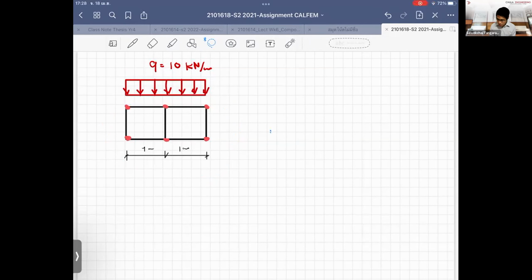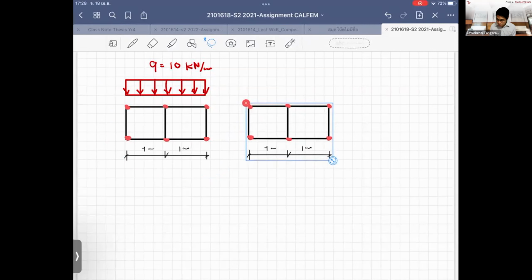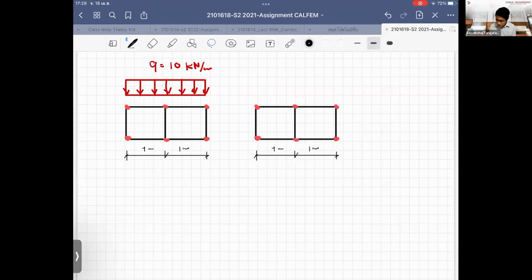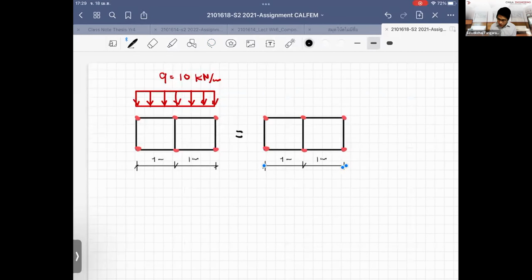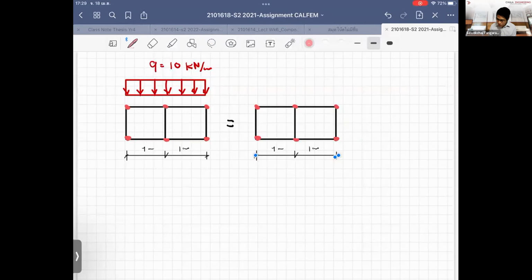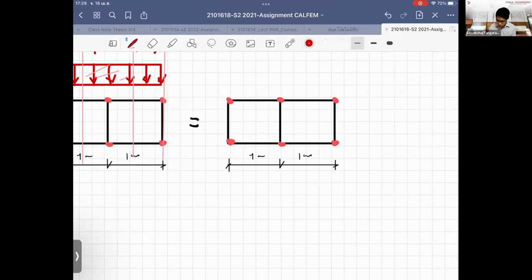I don't think you need the integration using the shape function, because it is bilinear anyway. So what I suggest is, if you have a very simple case like this, you just use a tributary area concept and subdivide the loading according to the areas, the length that is covered. Right, for example, in this way, it's covered according to this length and so on. That's how you will have the force.